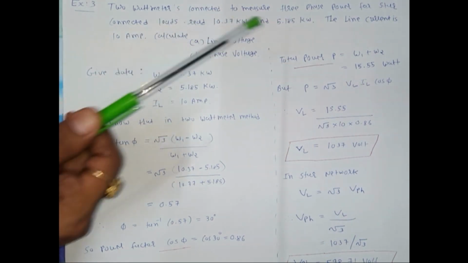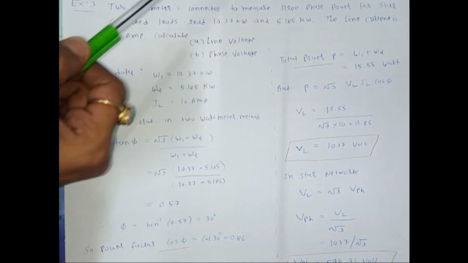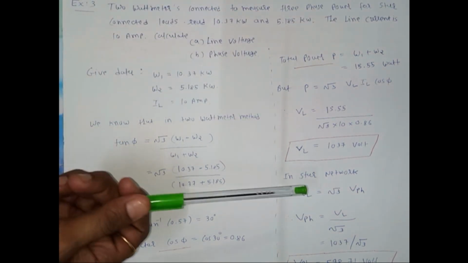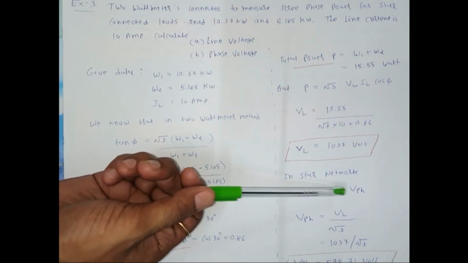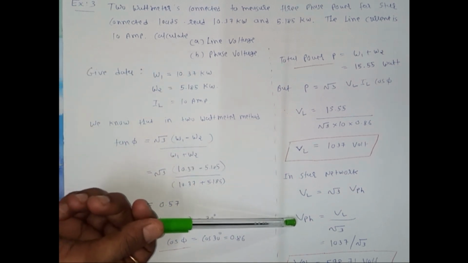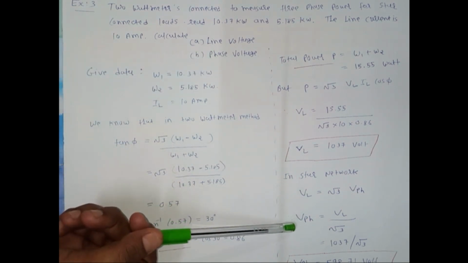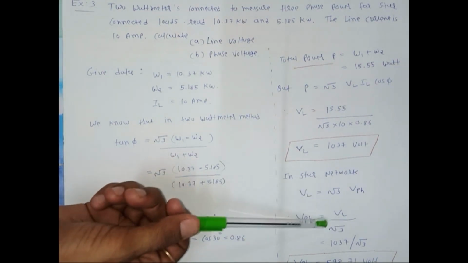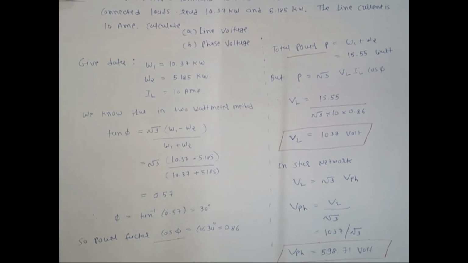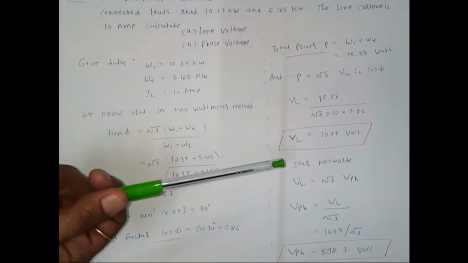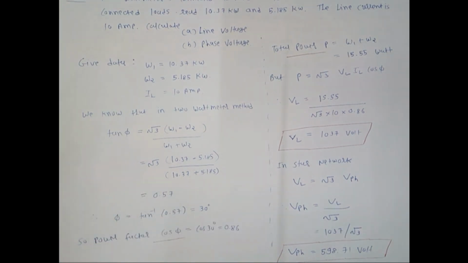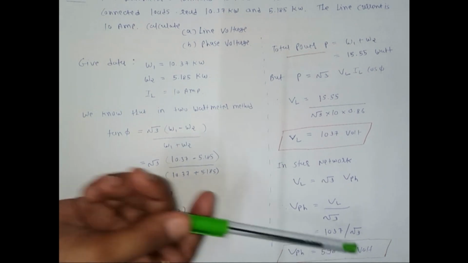This is a star network, so we discuss this method for the star network. In a star network, we know that line voltage equals root 3 times phase voltage. So phase voltage VPH equals VL upon root 3, which is 1037 upon root 3, equal to 598.71 volt.